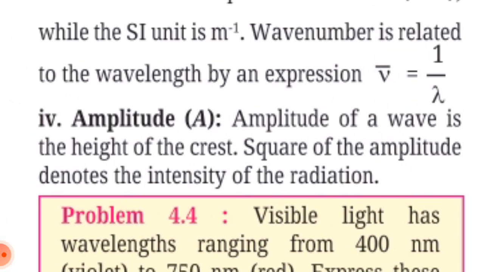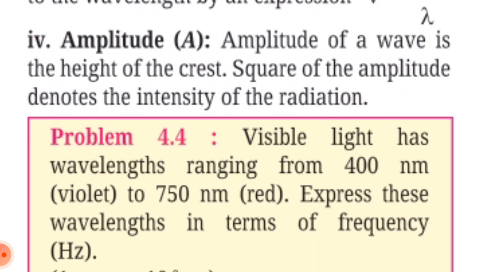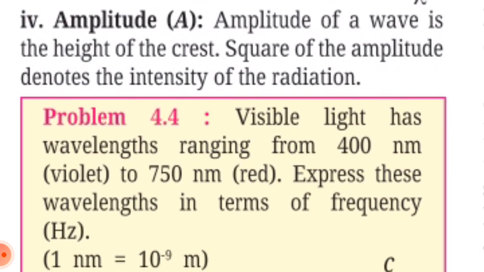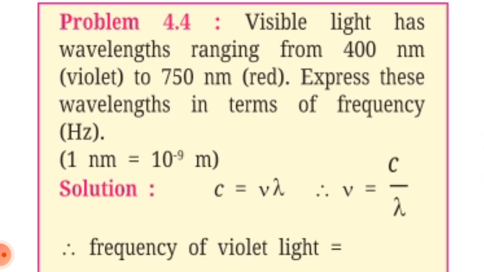Wave number is related to the wavelength by the expression nu bar is equal to 1 upon lambda. Fourth, amplitude, capital A. Amplitude of a wave is the height of the crest. Square of the amplitude denotes the intensity of the radiation.